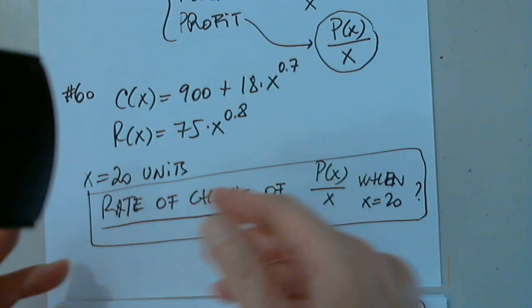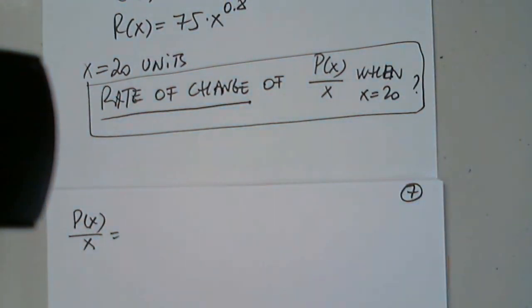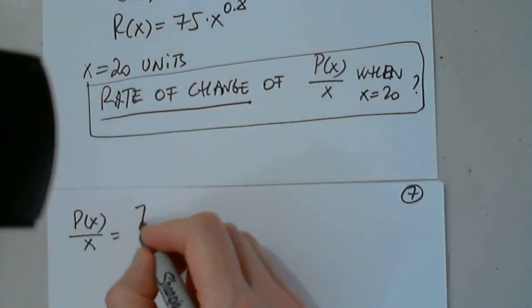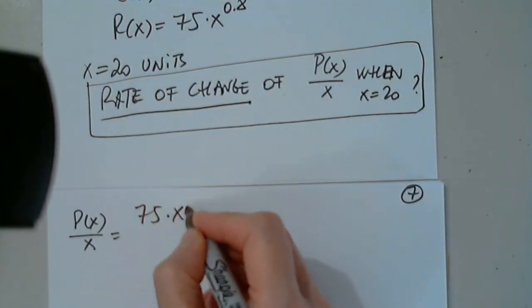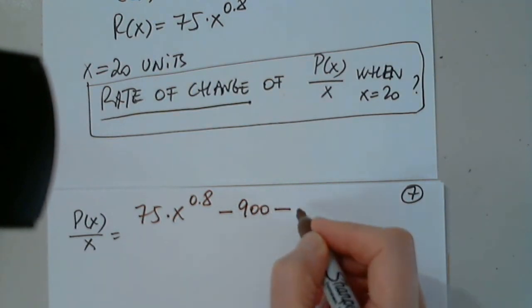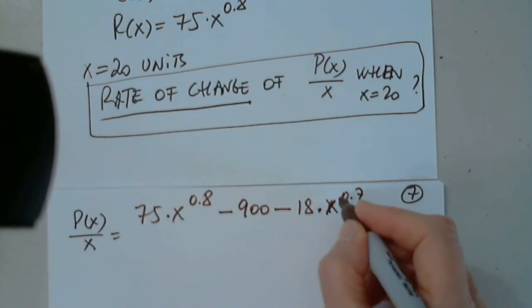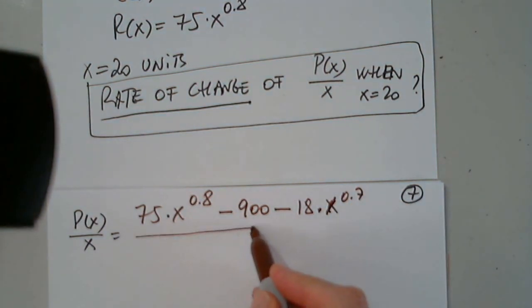Revenue minus cost. Excellent, and everything divided by x. Awesome, thank you so much. That's it. So 75 times x to 0.8 minus 900 minus 18 times x to 0.7, and everything divided by x.